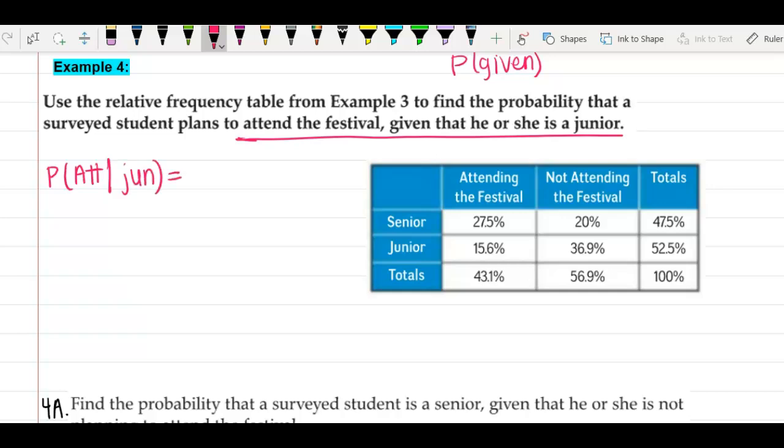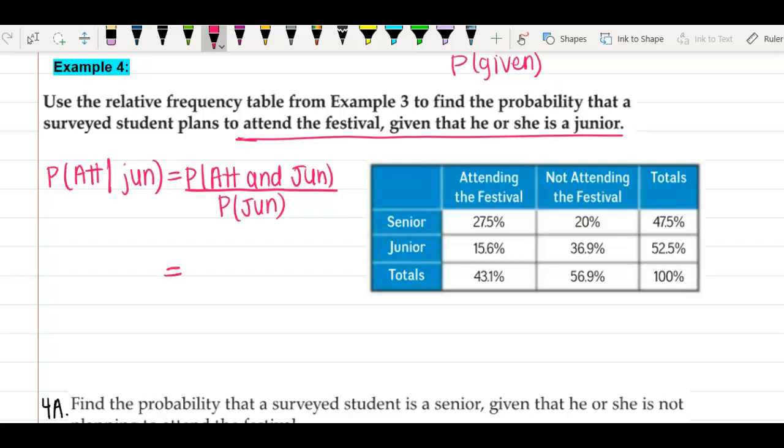On the top, we want the probability that both things are happening, so we look at the number that is attending and junior, over just the probability of the given. The given is that this person is a junior.